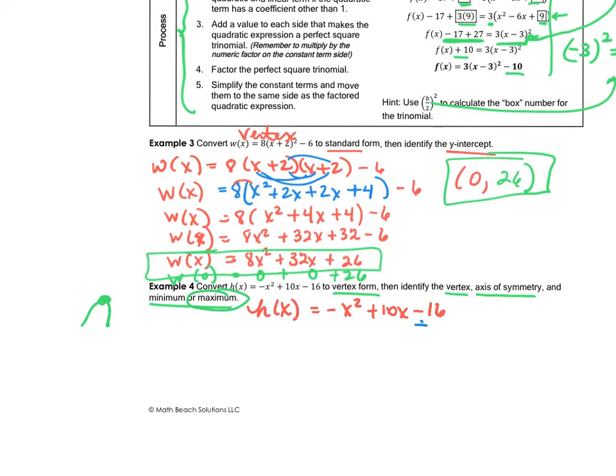So we are going to add 16 over here. So I'm going to do a rewrite of h(x) plus 16 is equal to negative x squared plus 10x. We're just doing this in preparation of making a nice little perfect square.